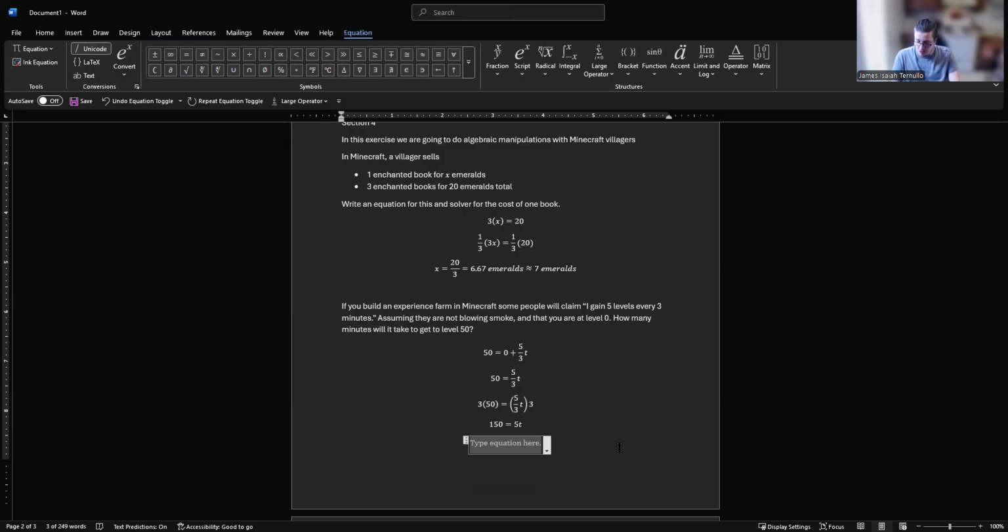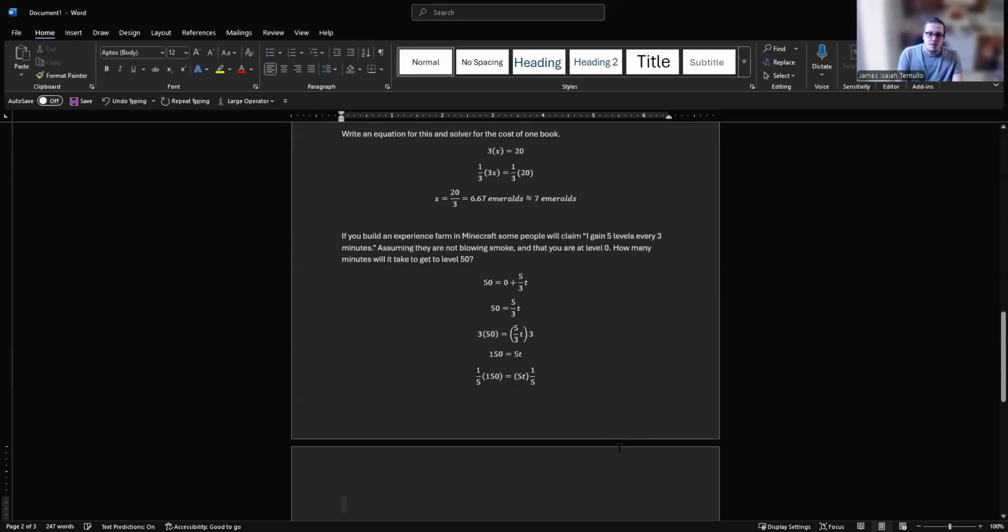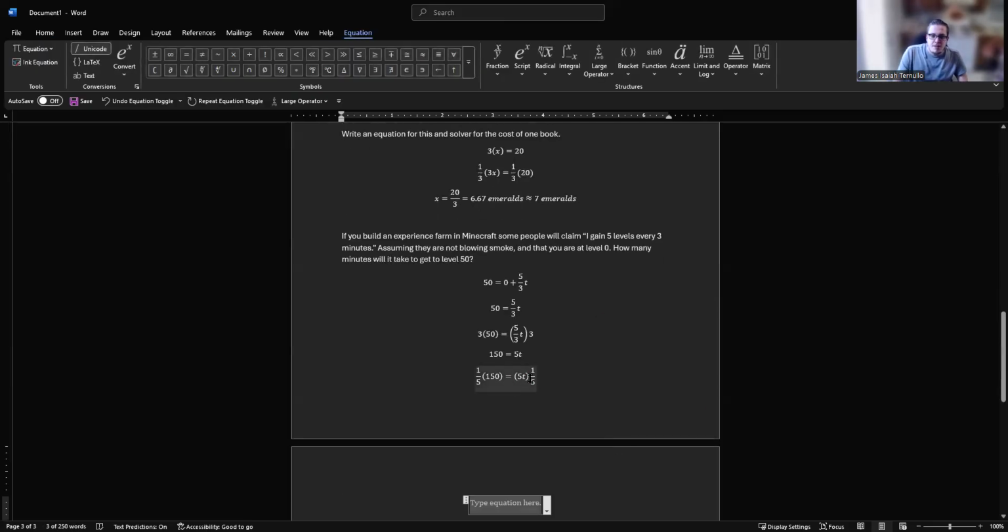Now we're going to divide both sides by 5. We can see here that the 5's on the right-hand side are going to cancel, and on this side we're going to be left with 30.